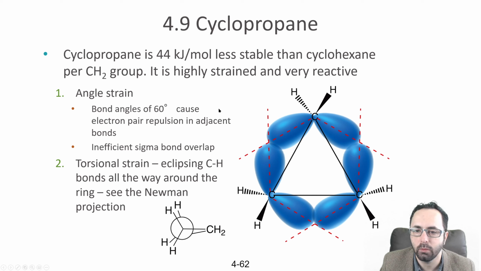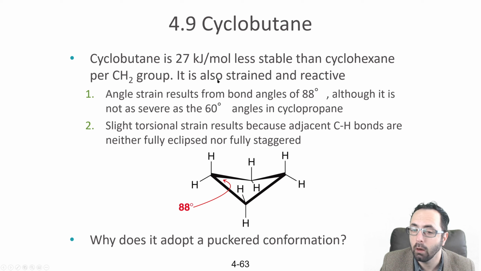Cyclobutane is significantly more stable than cyclopropane. Why? Well, it's because it gets to adopt this non-planar puckered configuration, which expands this angle a little bit. We would expect this angle to be approximately 90 degrees if it were a flat square, right?